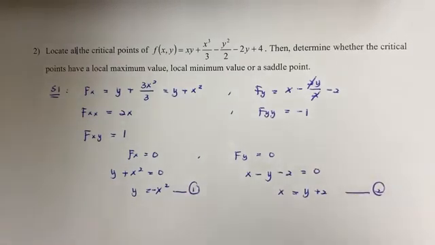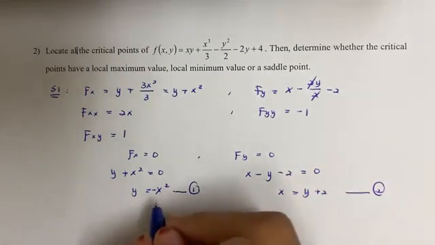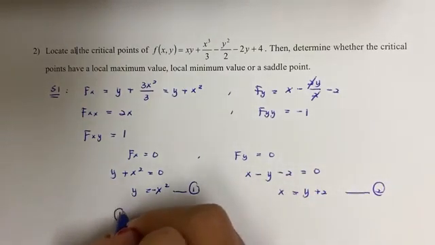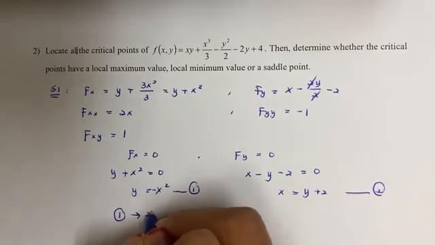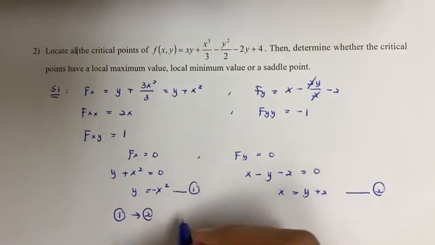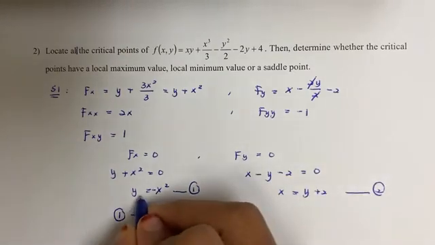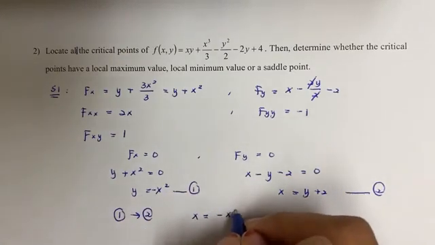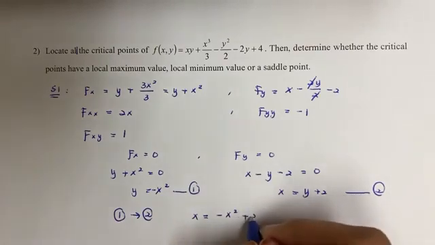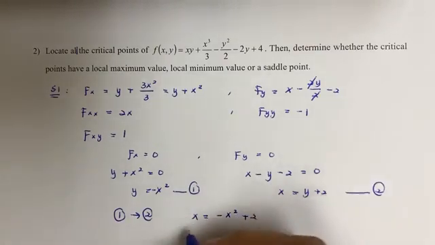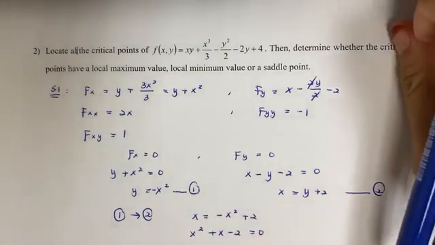Solve them simultaneously. What we can do is substitute 1 into 2. So x is equal to y, and our y here is minus x squared, plus 2. So we have x squared plus x minus 2 equal to 0.